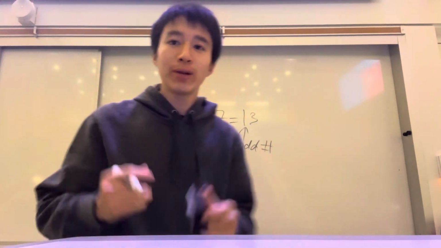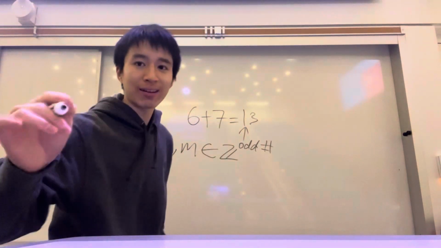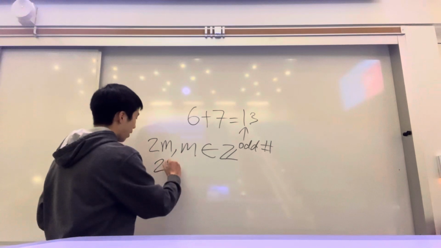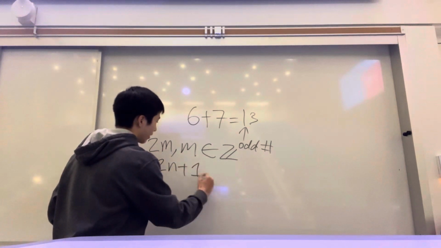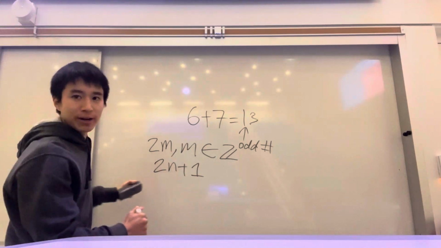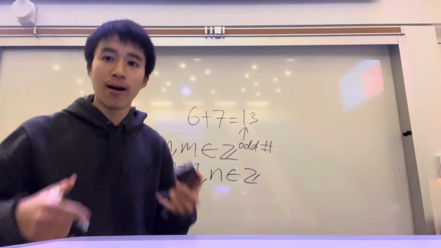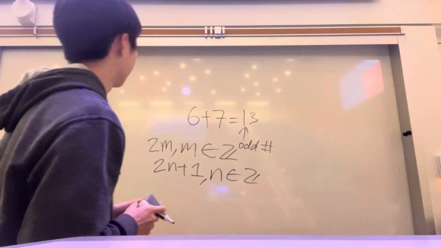So what we can do is simply add 1 to our even definition to get the definition of an odd number. You can say 2n plus 1, where n belongs to the set, once again, of integers, whole numbers.